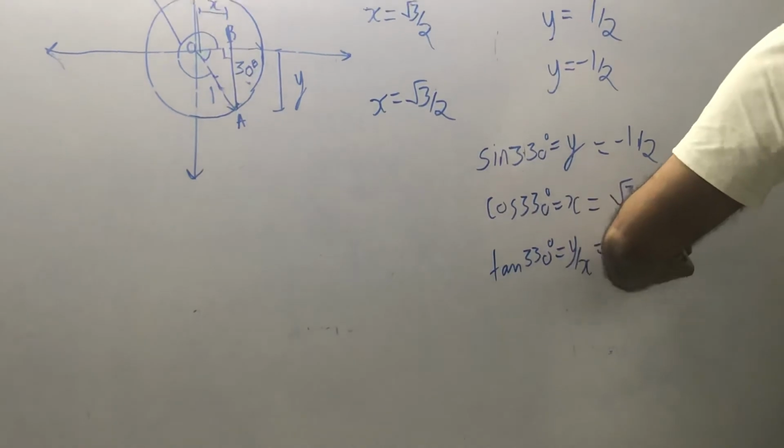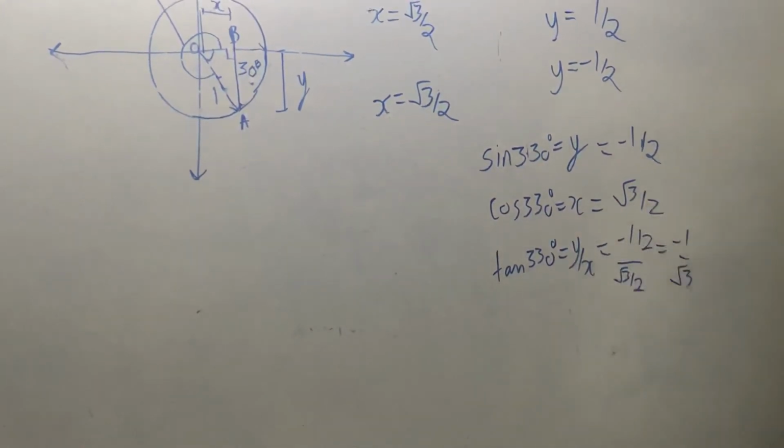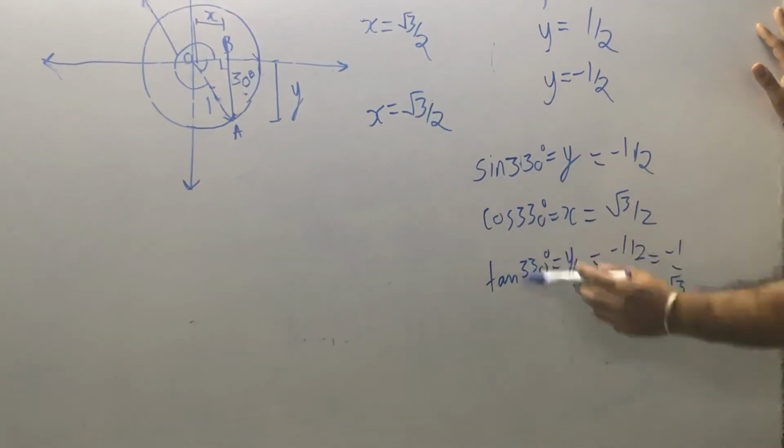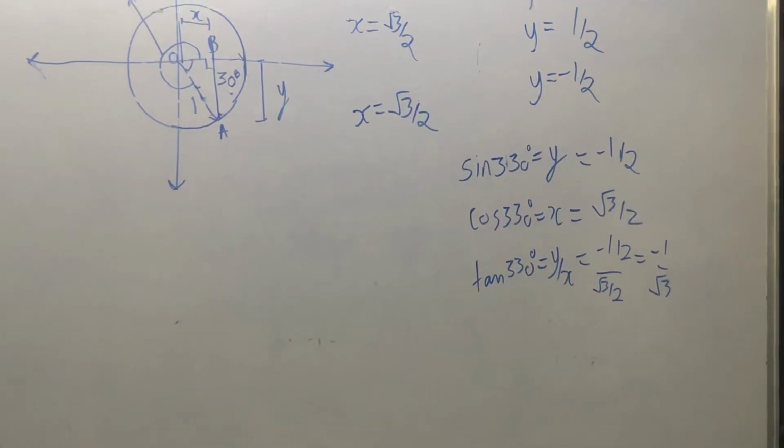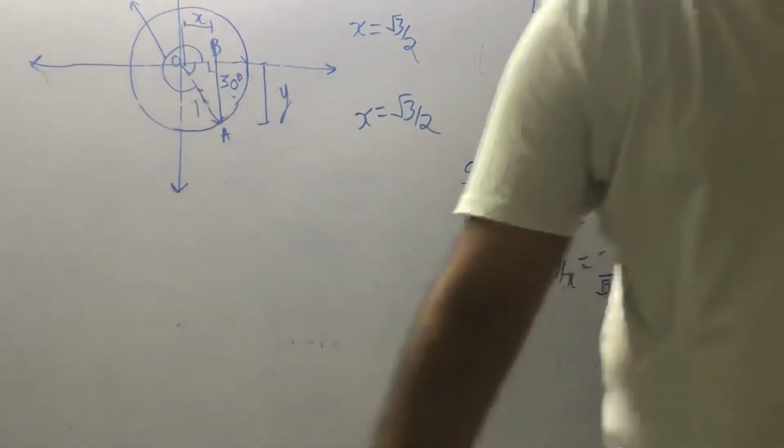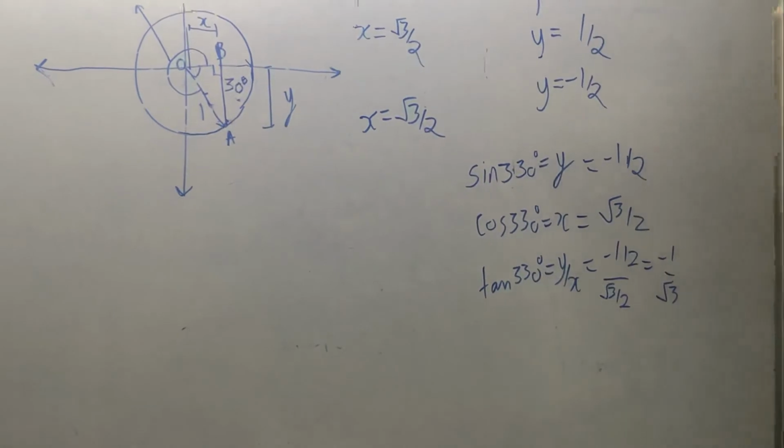This is -1/√3. So these are the three values of sine 330, cos 330, tan 330 by the conventional method. Now I will use the shortcut method.